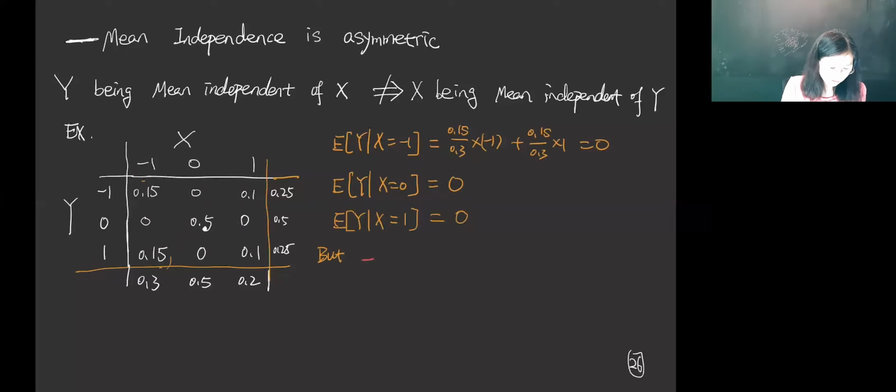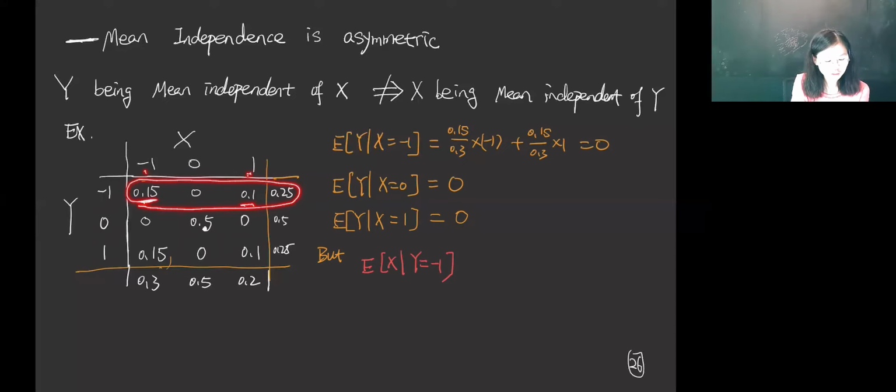Why is that? Let's now consider E of x given y equals -1. And this can be calculated using the first row of the table. The first row of the table gives higher probability to -1 than the value 1.